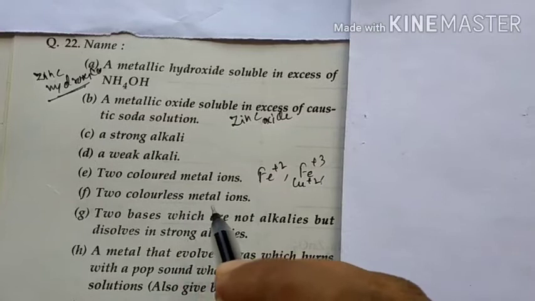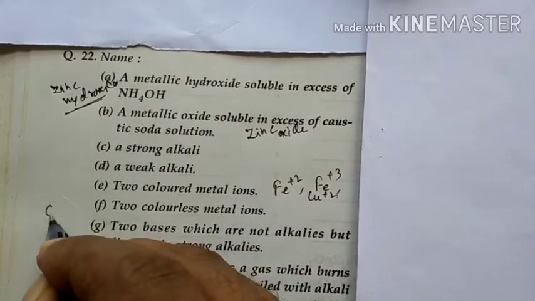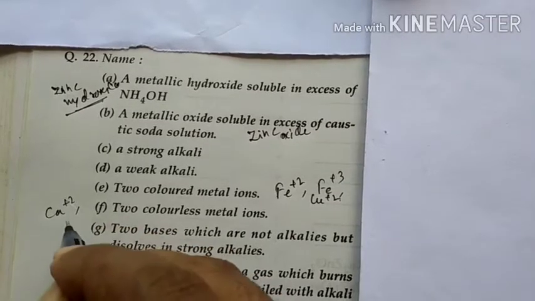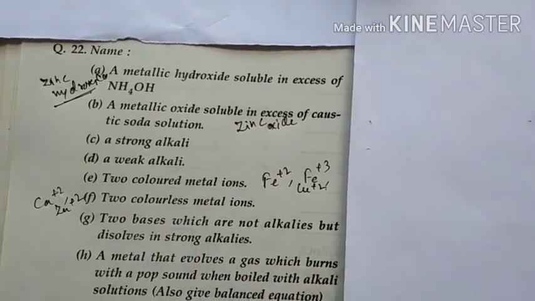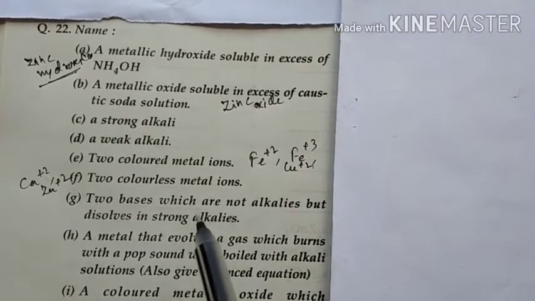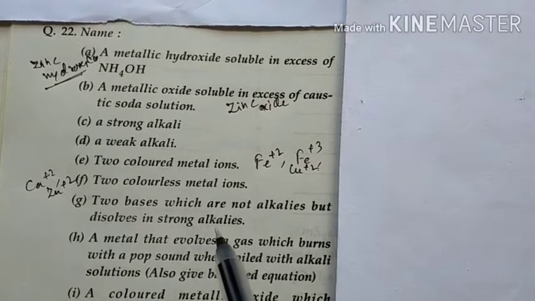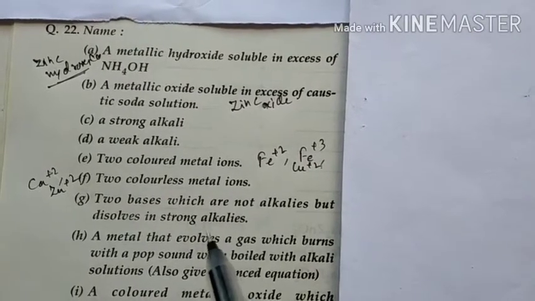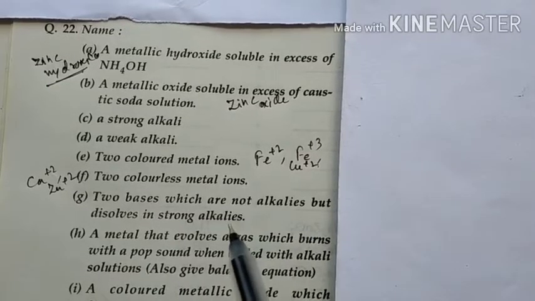Two colorless metallic ions. Colorless metallic ions means you can write, for F, calcium, zinc. Two bases which are not alkalis but dissolve in strong alkalis. Listen very carefully.